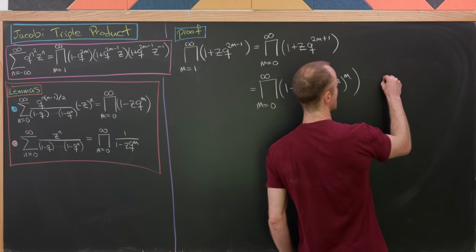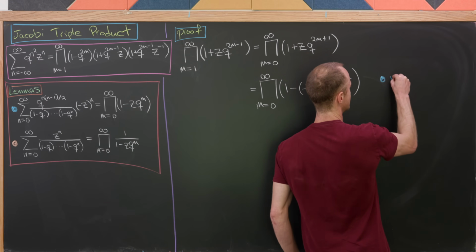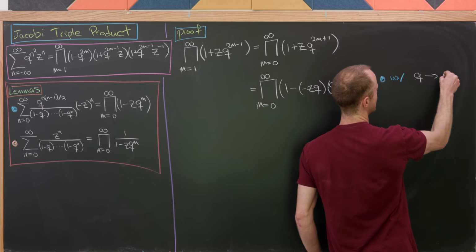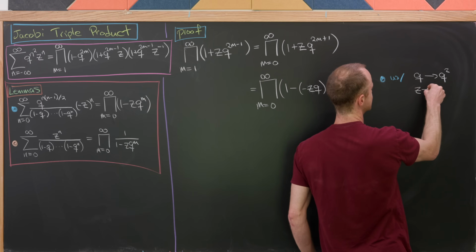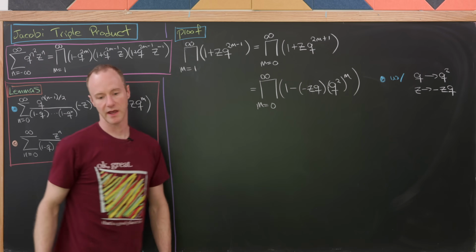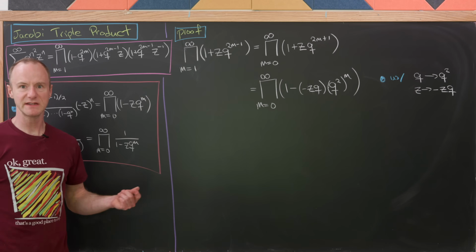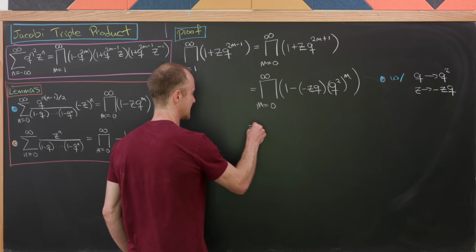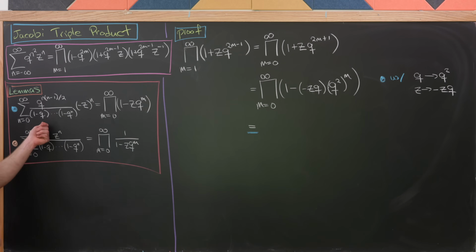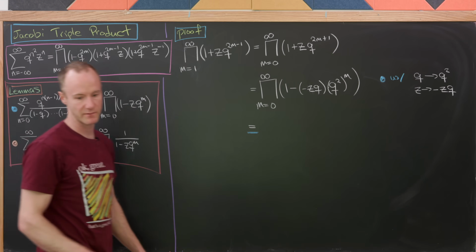So let's color code that right here. So we've got blue dot with, like I said, q replaced with q squared, and z replaced with minus zq. Okay, good. But now that means that we can apply this identity as long as we rewrite the sum side using our obvious replacements that we've made.